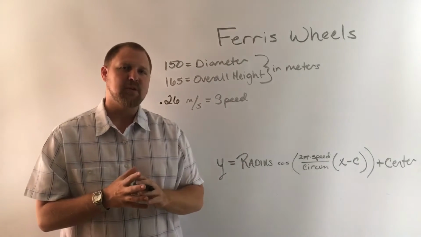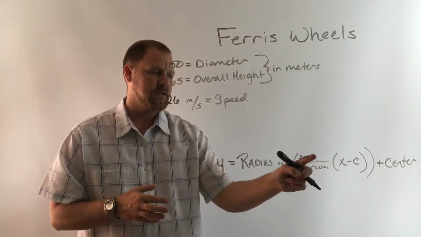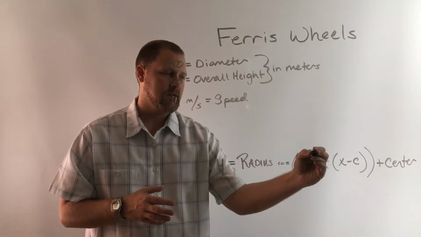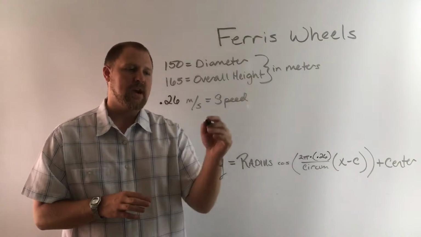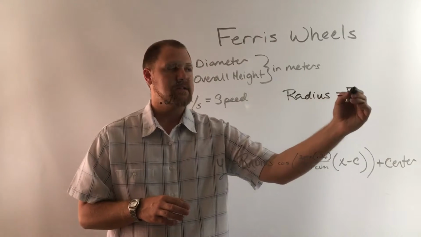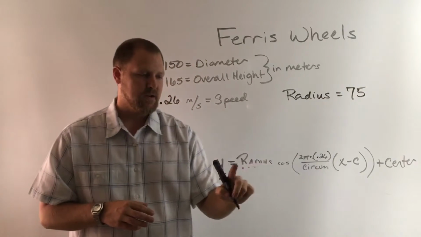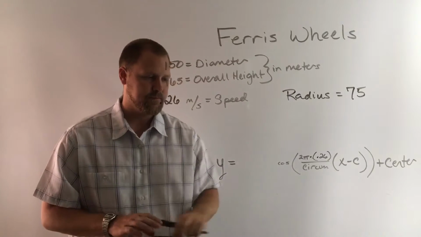Now we can go ahead and input a couple of these things. We know that the speed is 0.26. We also know that the radius is 75 meters, so I can change the radius and make that 75.